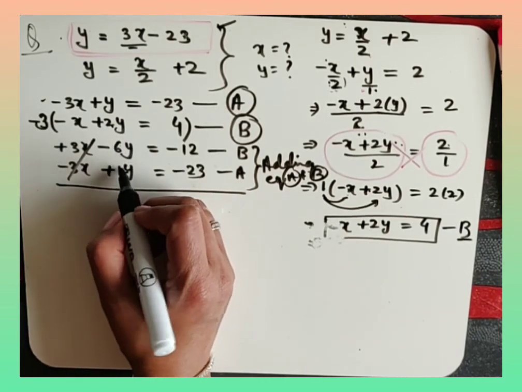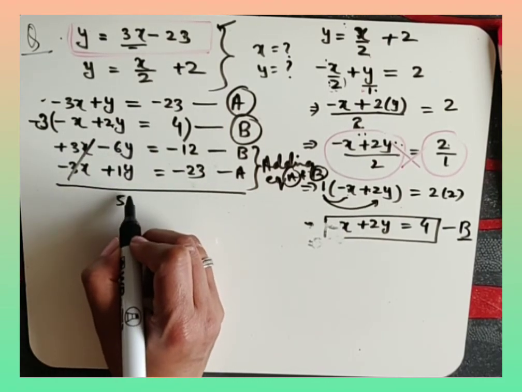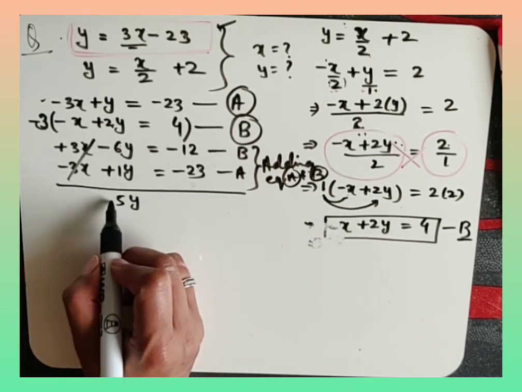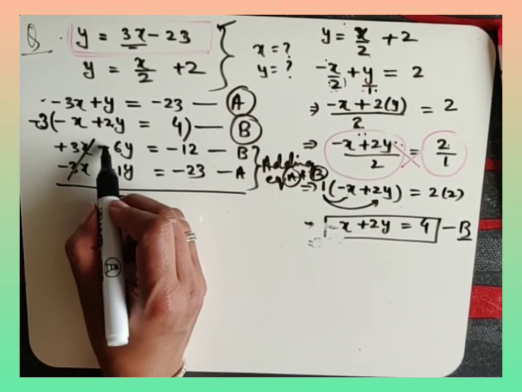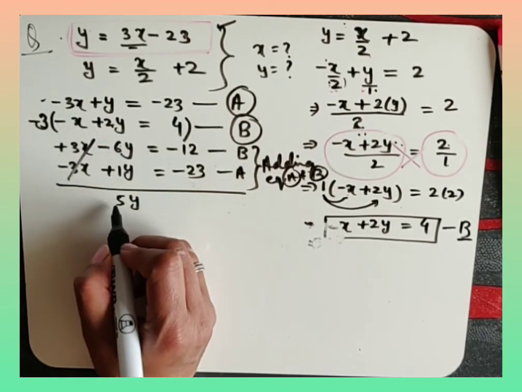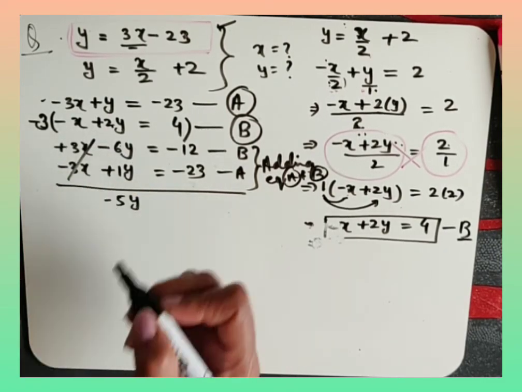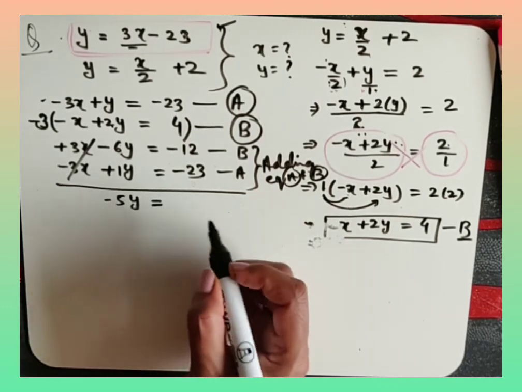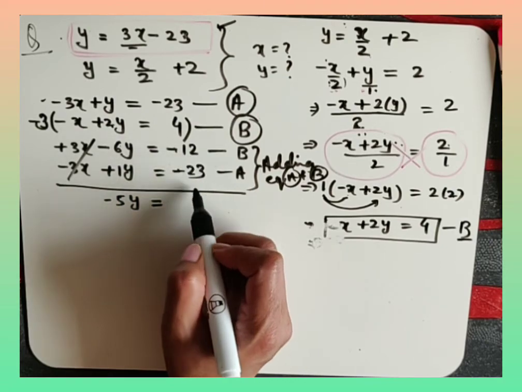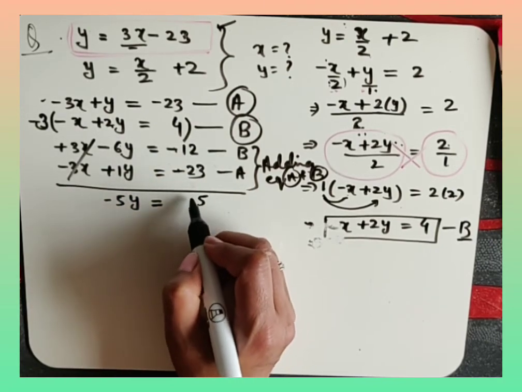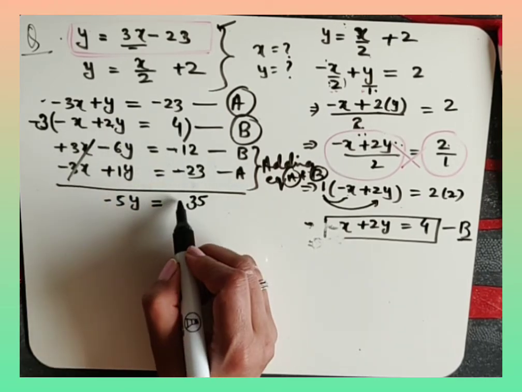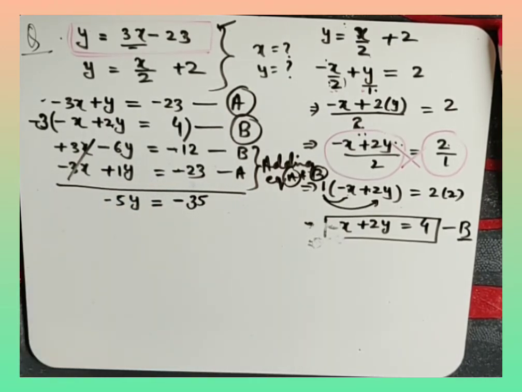So 6y minus 1y is 5y. But what sign should go there? The minus sign goes beside the bigger number, which is 6y. So here we have minus 5y, equal to, when we have both minus signs, we need to add. So this will be 35, but in both we have minus sign, so the minus sign will be here.